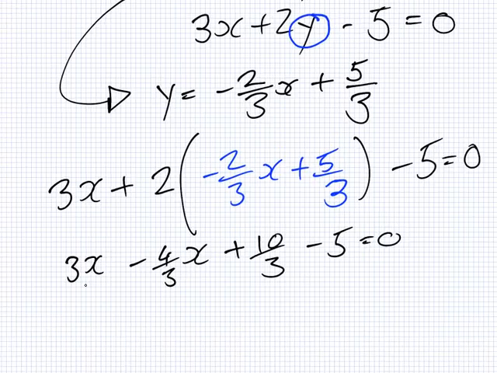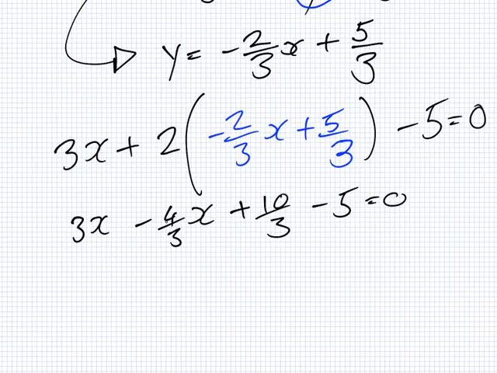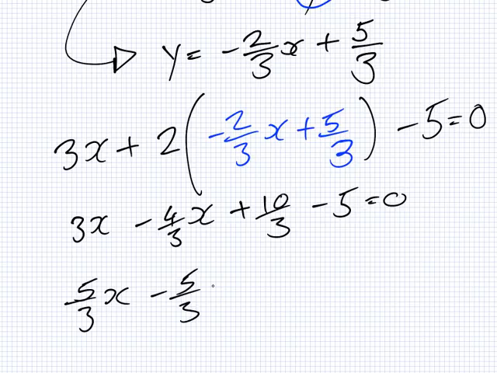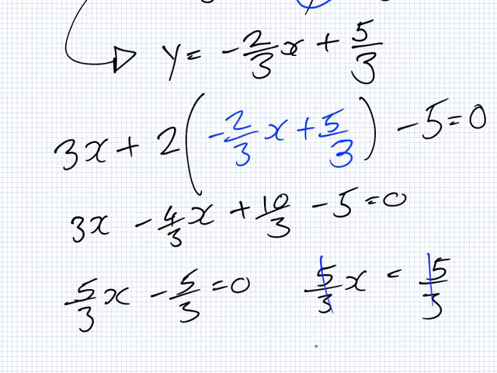Now 3 minus 4 over 3 is 5 over 3, so 5 over 3x, and then 10 over 3 minus 5 over 3 is minus 5 over 3. So you get 5 over 3x equals 5 over 3. Cancel, x equals 1.